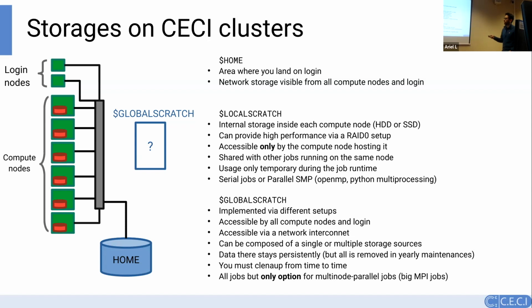As the name implies, it's a globally available storage area, available from the login nodes and all the compute nodes. For local scratch, it's not defined on the login nodes because they don't have local scratch. You might have a dummy variable defined, but it's not really what would be the local scratch of a job.